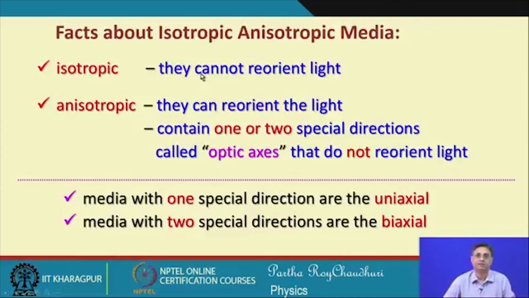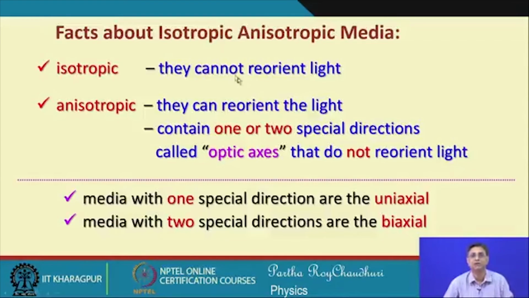Now, some more facts about the isotropic and anisotropic media. An isotropic medium cannot reorient the light, because the light which is incident along a particular direction in such a medium will emerge only along this direction. So, there is no activity of the medium on the travelling electromagnetic waves as regards the direction of propagation.